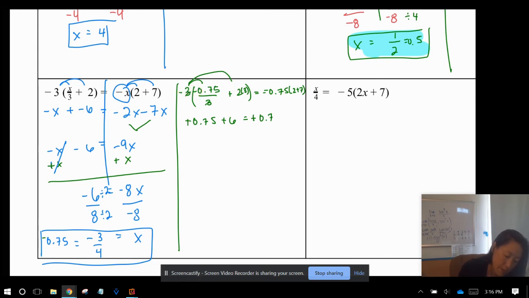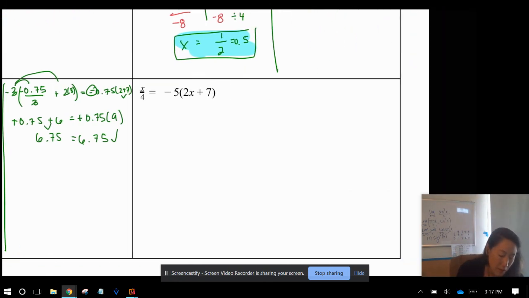So a negative times a negative is going to give me a positive 0.75 times 9. 2 plus 7 is 9. So I get 0.75 times 9 is equal to 6.75. And on the left-hand side, I get 6 plus 0.75 gives me 6.75.